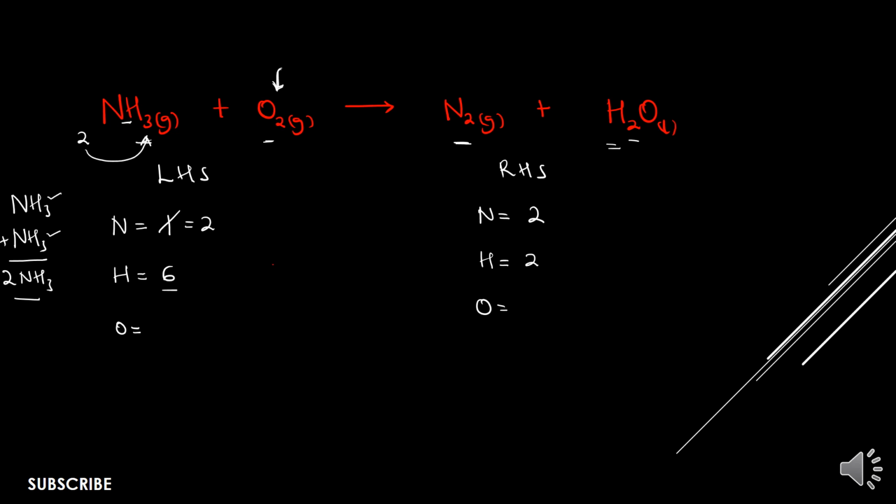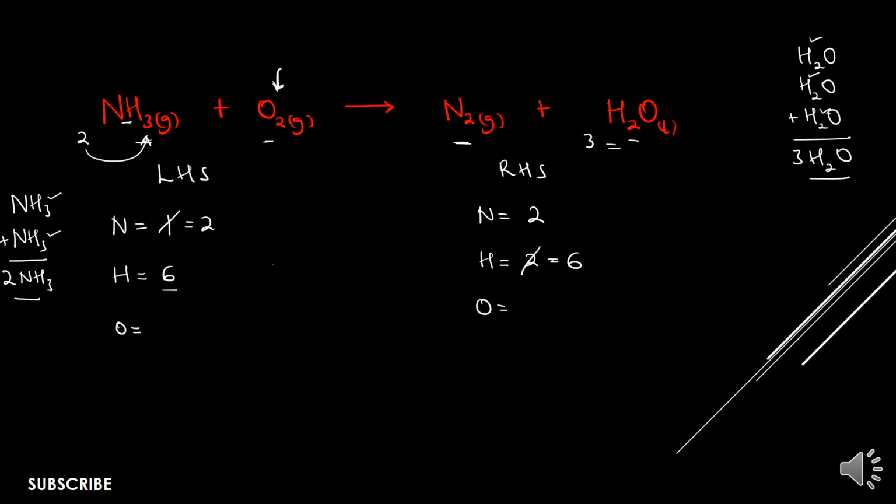So for that to happen, instead of having 1 water molecule, I think I will need 3 water molecules on my right hand side. 2 plus 2, 4 plus 2, 6. So I'll put an invisible 3 on my water molecule. And in the process, I'll be having 6 hydrogen atoms. So in that case, our hydrogen is also balanced.